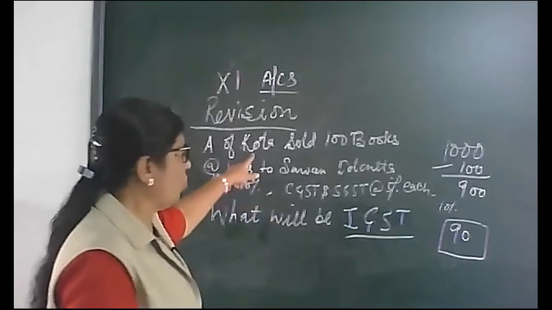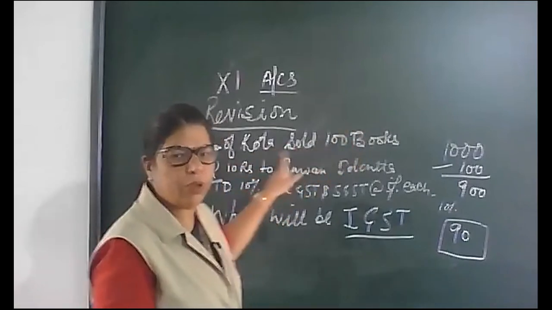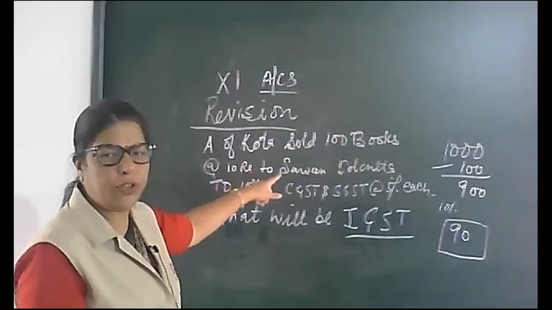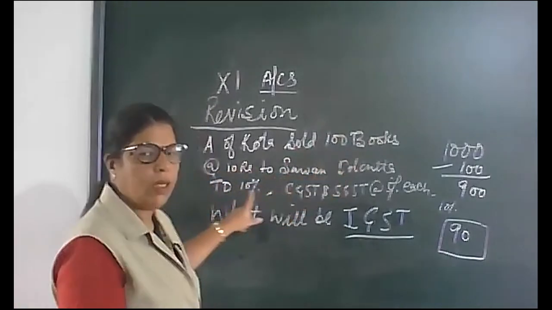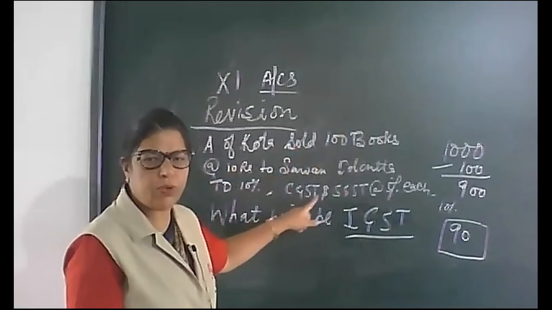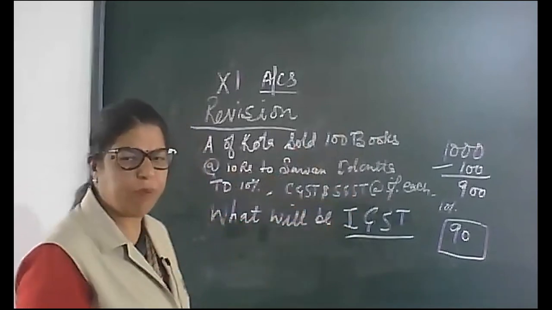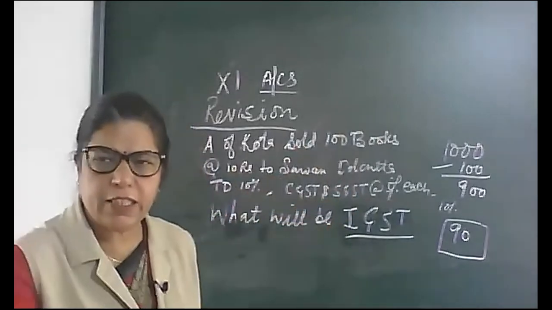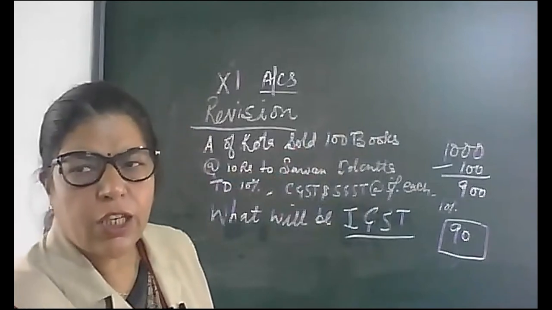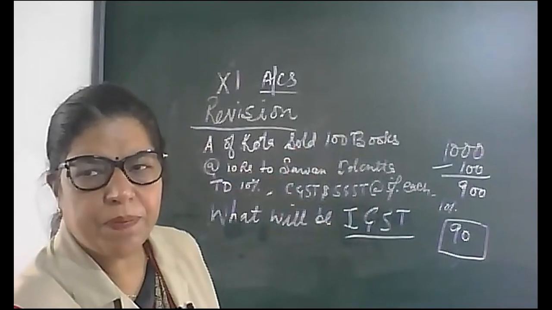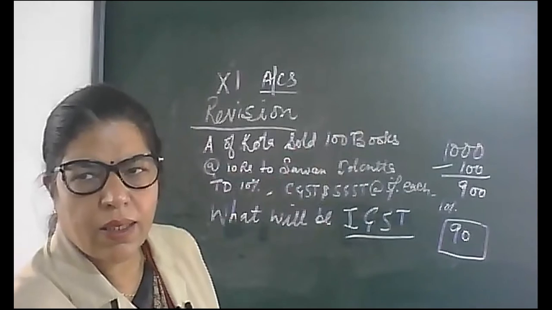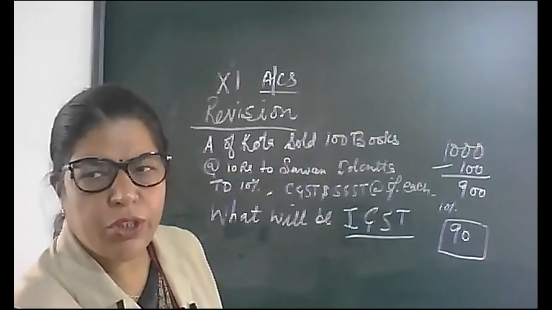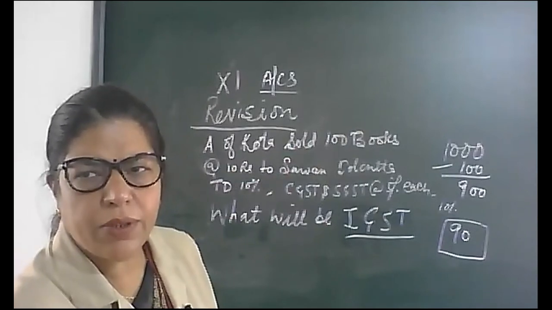A of Kota sold 100 books of 10 rupees to Savan, Kolkata. 10% trade discount, CGST, SGST 5%. What will be the IGST? Wait, I am going to show you how you will do that.